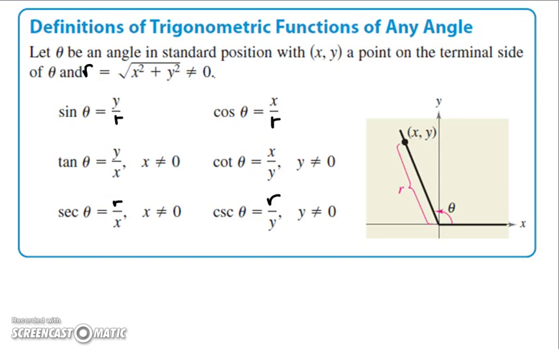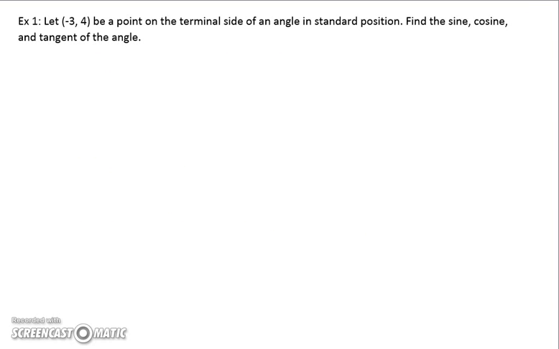So a couple quick examples. Let negative 3, 4 be a point on the terminal side of an angle in standard position. Find the sine, cosine, and tangent of that angle.